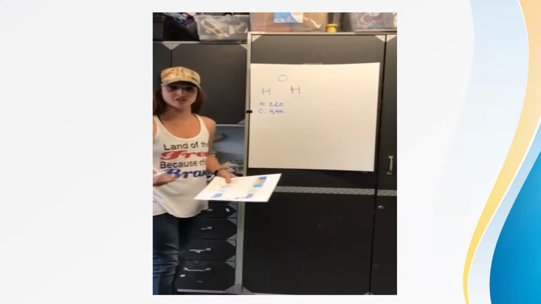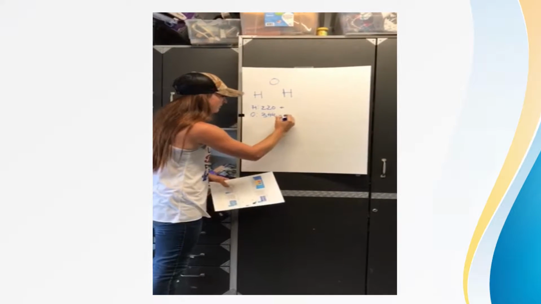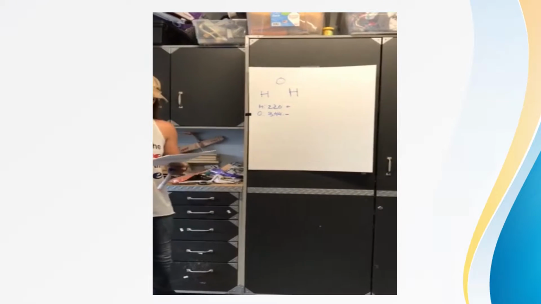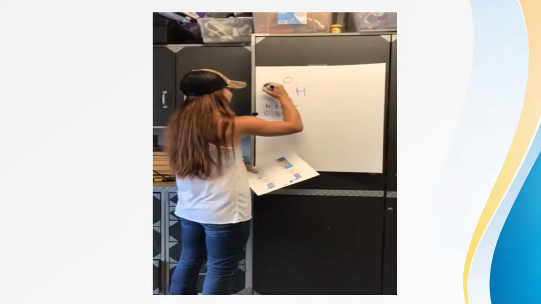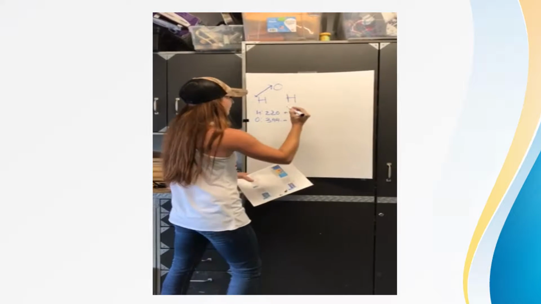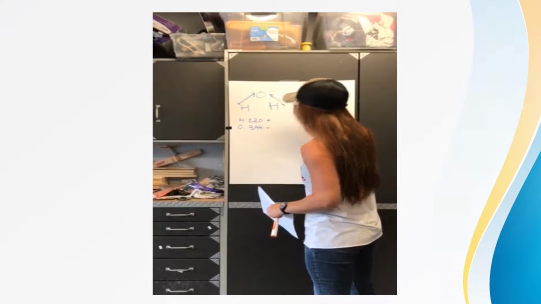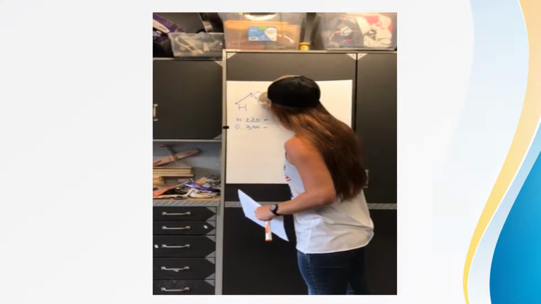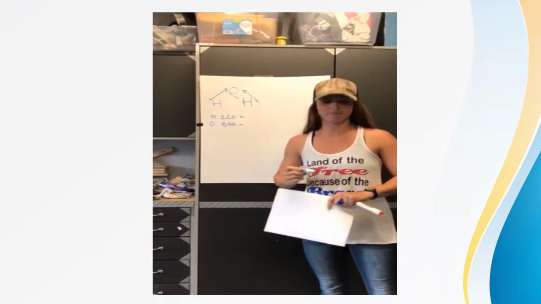Therefore, we know that hydrogen is partially positive and oxygen is partially negative. As I mentioned in the video, when we draw the dipoles, the side of the arrow that has a plus is at the partially positive atom, pointing towards the partially negative. So that's how we would properly draw the dipoles on the water molecule.